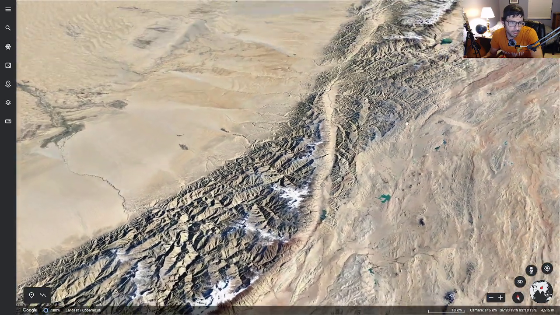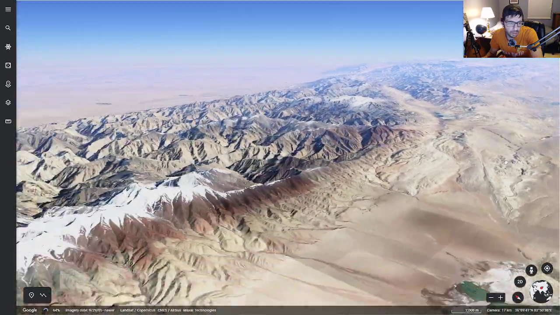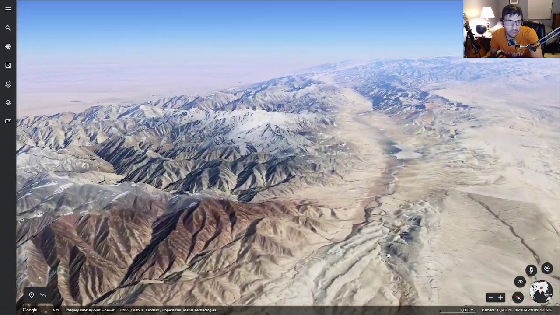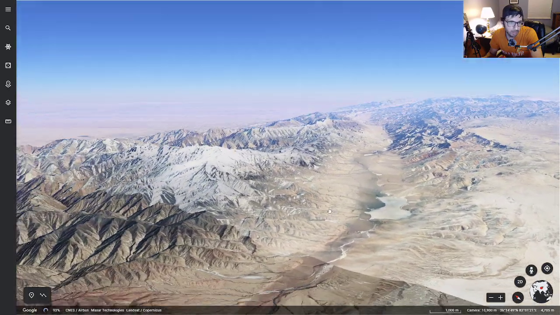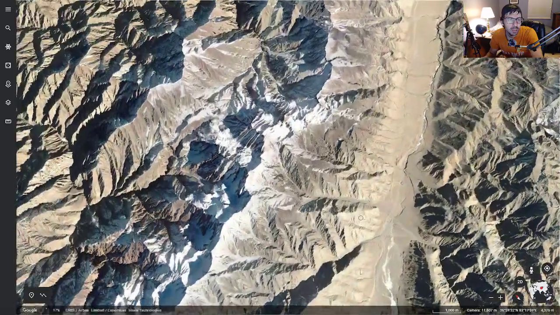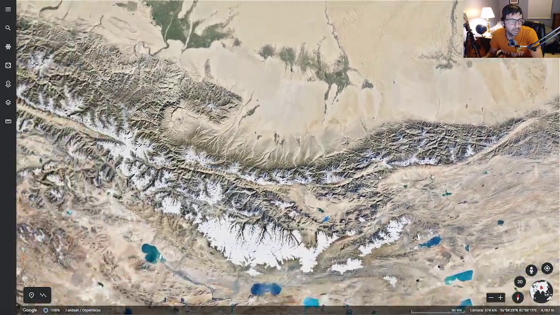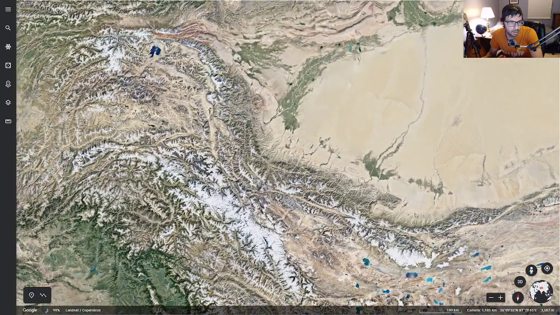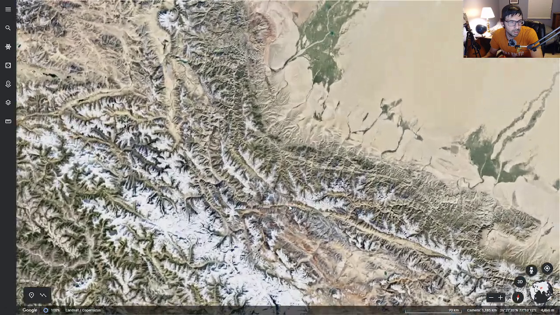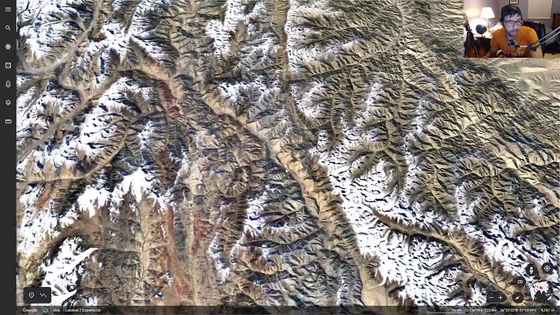It's so narrow. Oh my god. Looks like a railroad track too.